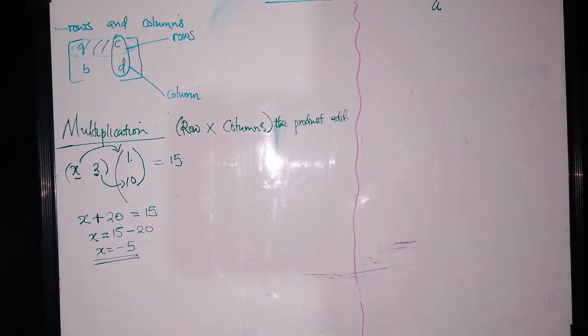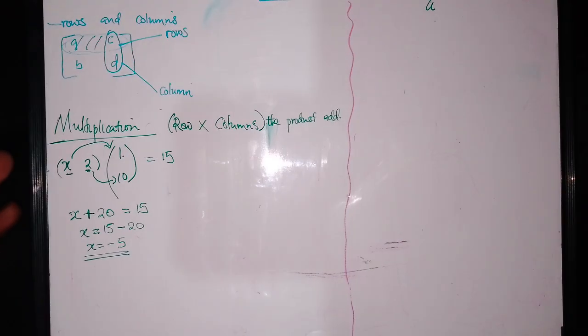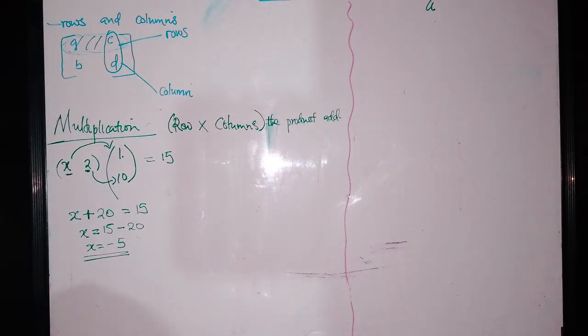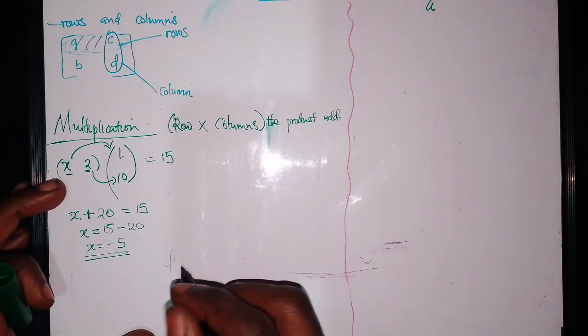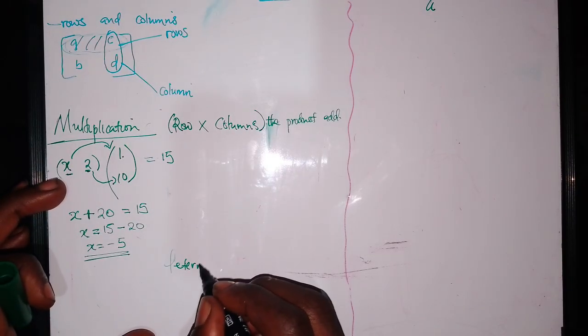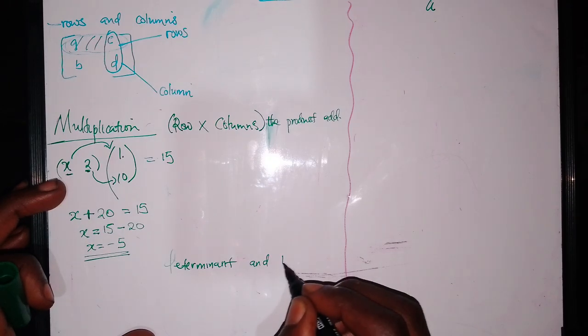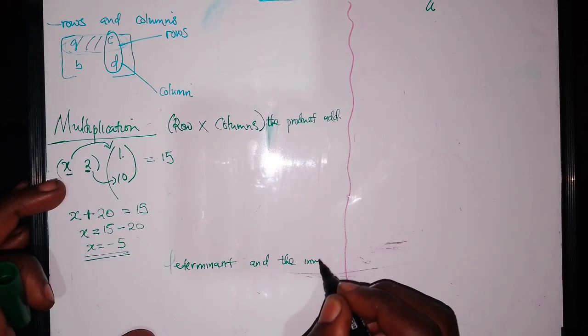Basically, all these things we have been doing, you will apply them in paper 1. Now, the things you come across in paper 2 are the determinant and the inverse.